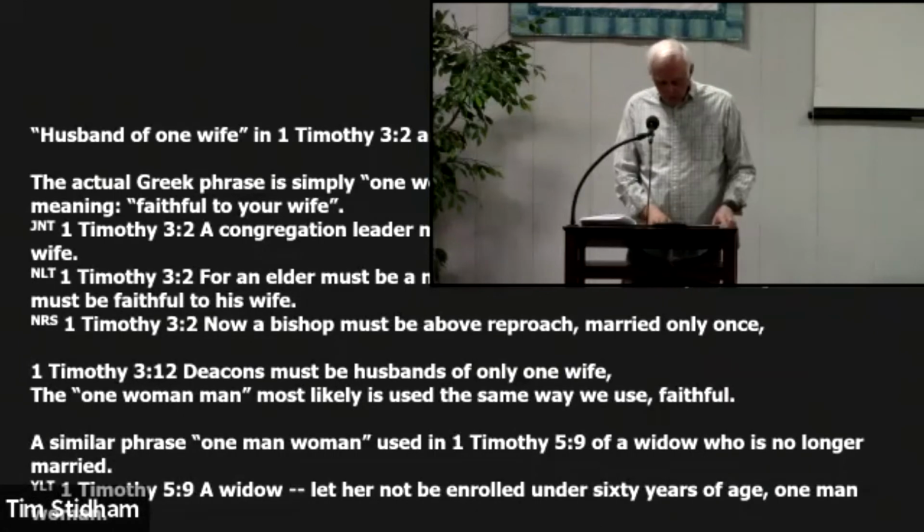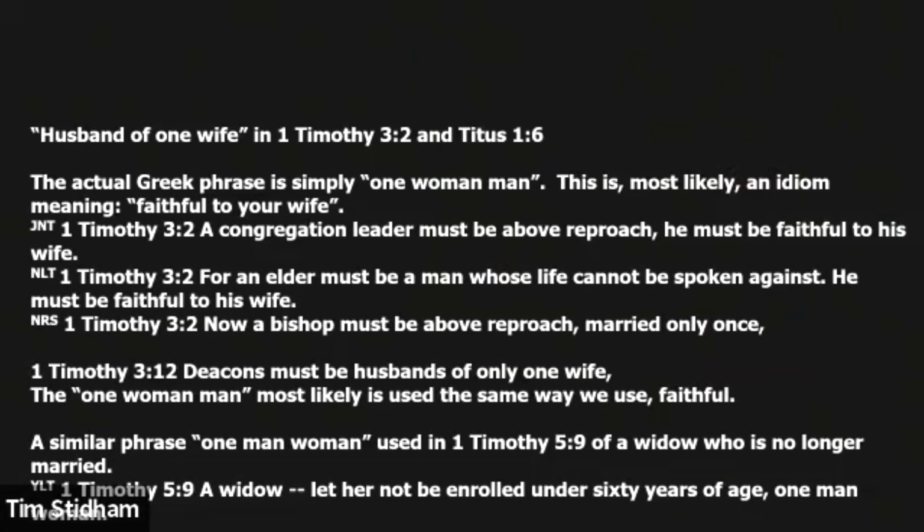This phrase that we've run across a couple times already, the husband of one wife in 1 Timothy 3:2 and in Titus 1:6, as you've seen from the handout, it's just three words. It's one, woman, man. And then it's translated several different ways.